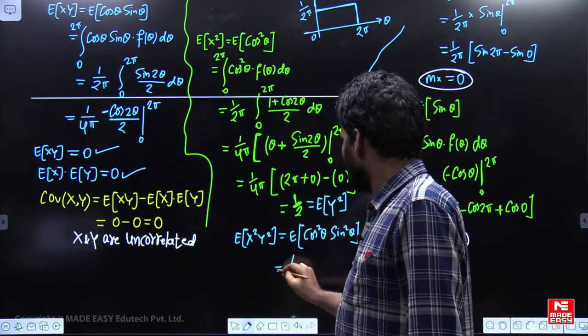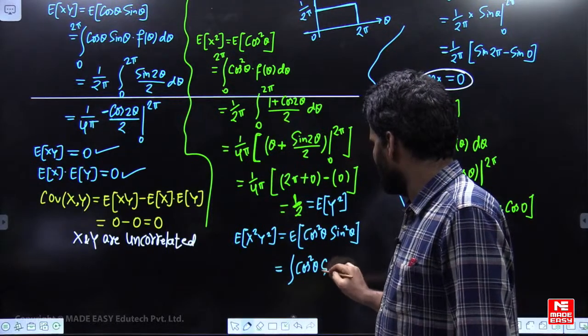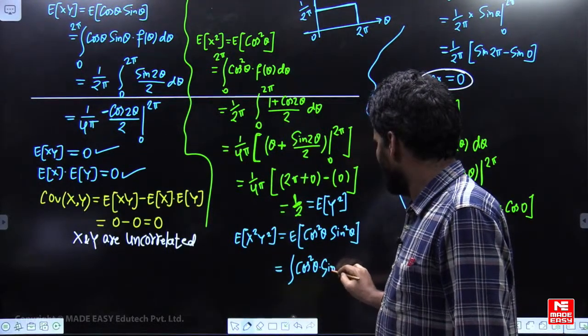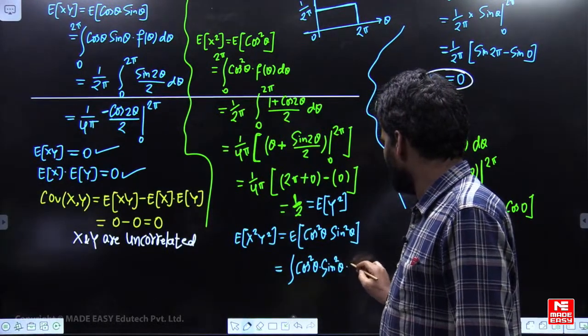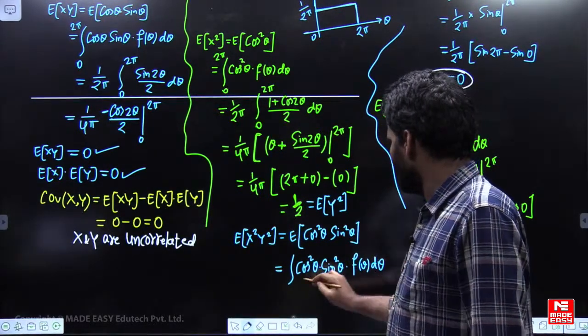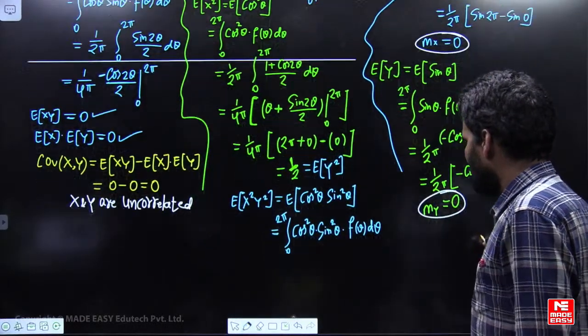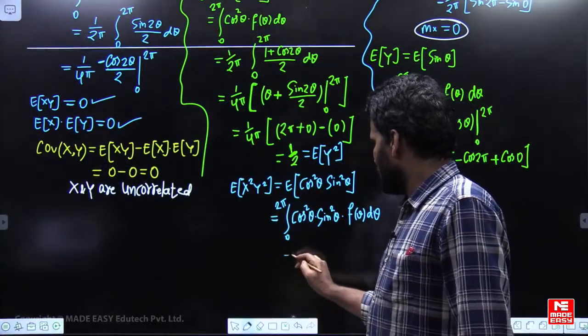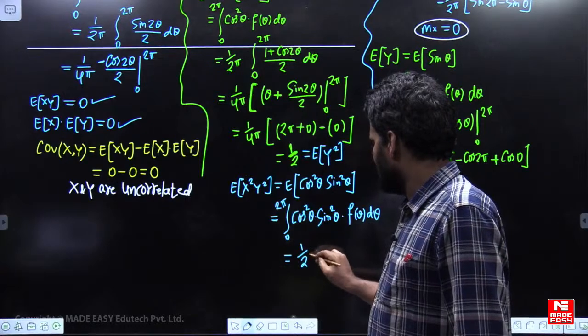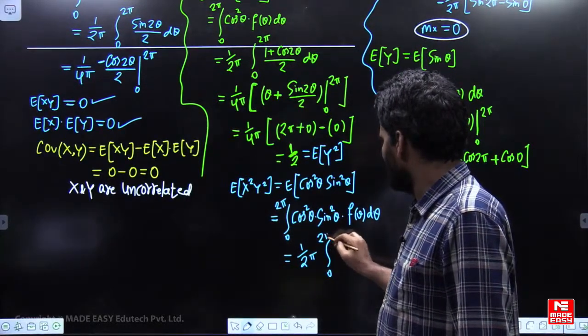For the quantity we are finding expectation, the same quantity I am writing, cos square theta sin square theta multiplied with f of theta d theta, from 0 to 2 pi. F of theta is 1 upon 2 pi, which you can write outside, and the integration is 0 to 2 pi.